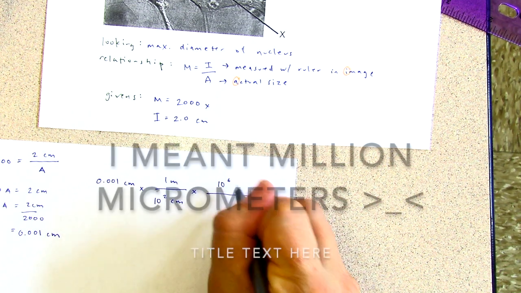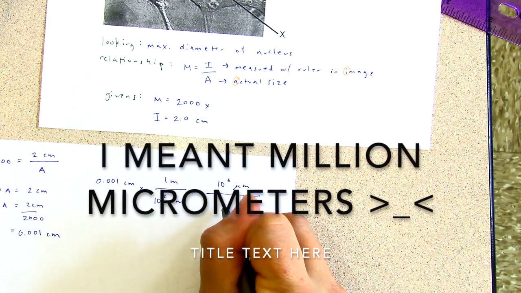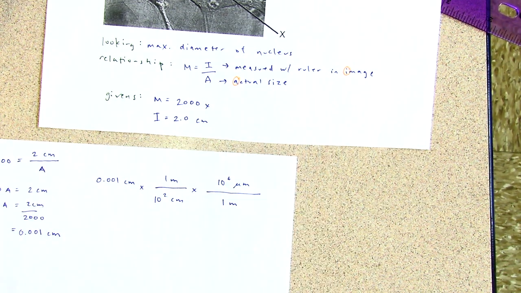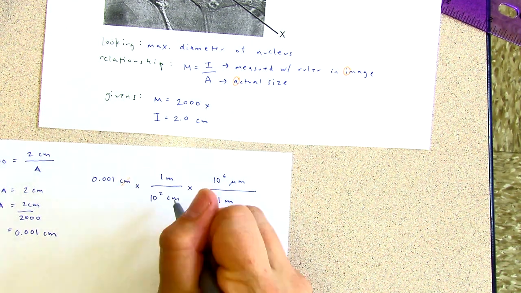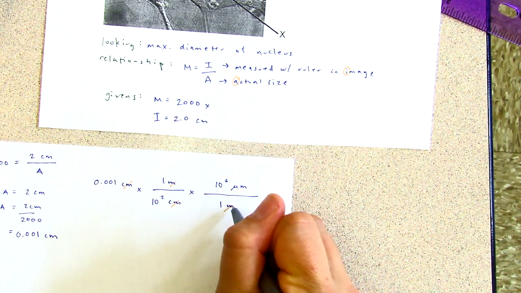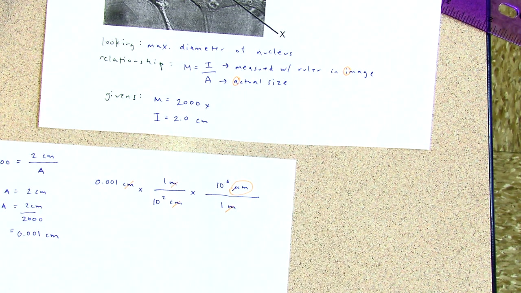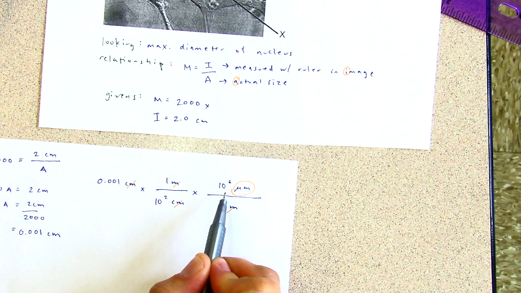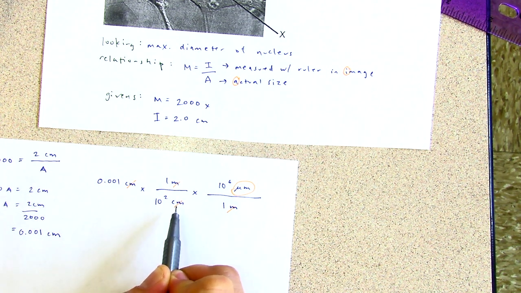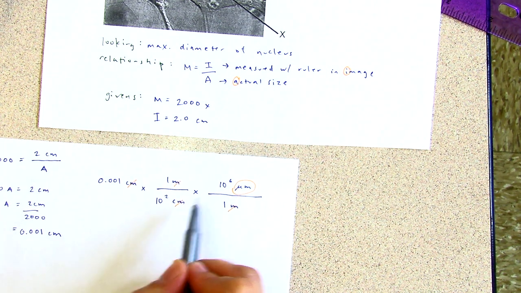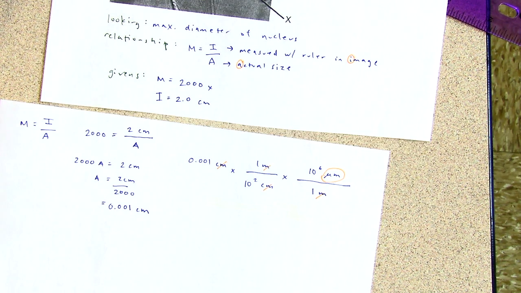There's 10 to the 6th micrometers in a meter. I set it up that way so I can cancel my units, get a final unit of micrometers, which is what I want. So 10 to the 6th over 10 to the 2nd by the rules of exponents becomes 10 to the 4th. 6 minus 2 is 4.